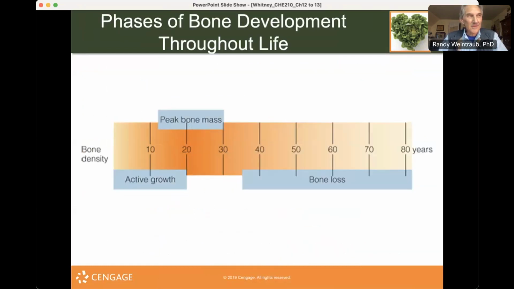So bone peaks after active growth in adolescence to adulthood, and then bone loss can occur at various levels as people go through adulthood.